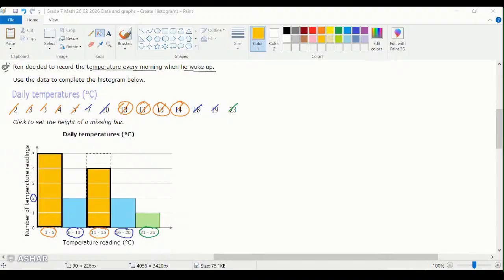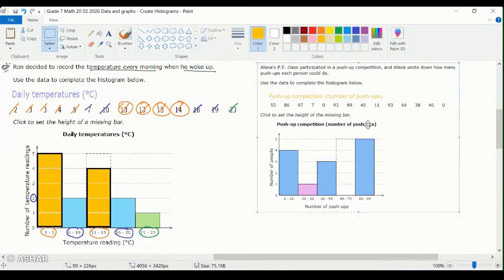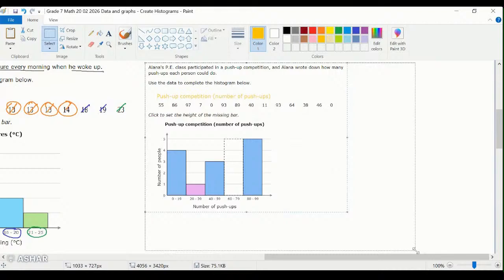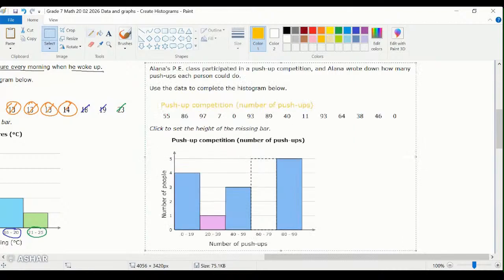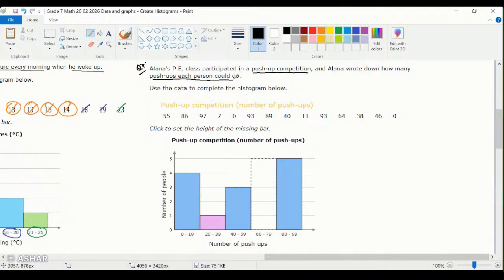Okay, let's have a look at another example. For the next question, question number 7, they're saying that this information was provided to us: Alana's PE class participated in a push-up competition and wrote down how many push-ups each person could do.